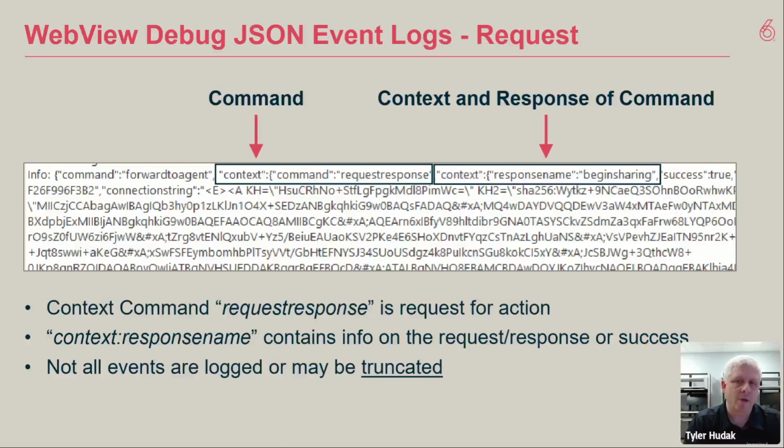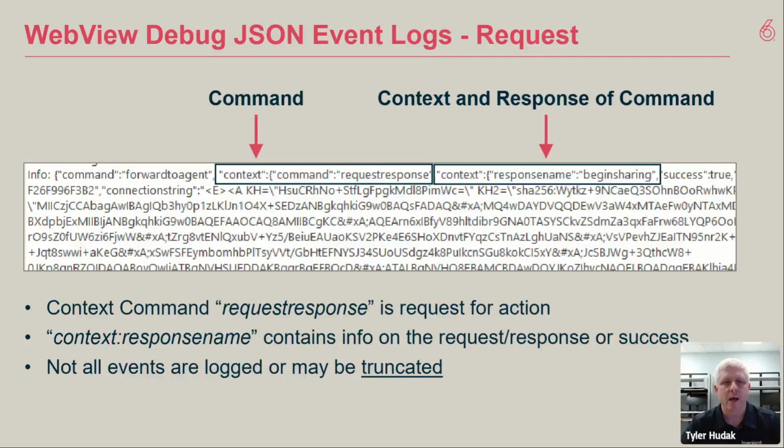the majority of the logs are going to look like this. They are essentially WebView debug JSON logs. They are really what you see here. This blob of JSON data is just going to be thrown into the event log for each event. But there are still some good pieces of information that we can pull out of here.